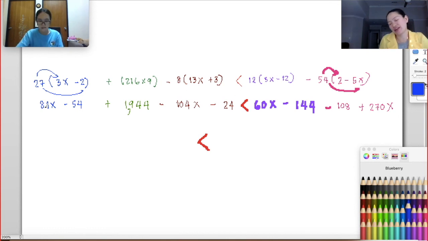Okay, I try to put x on the left side of the equation, 81x here.